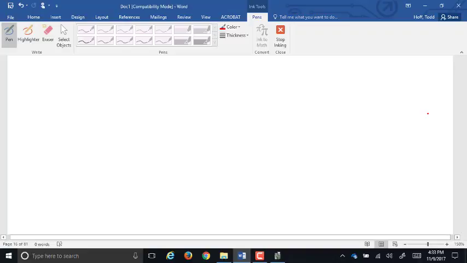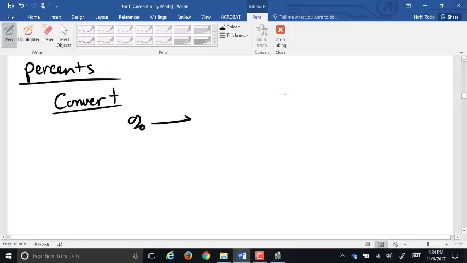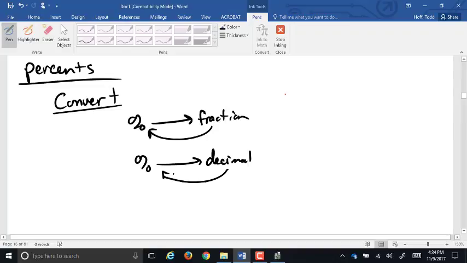So anyway, let's take some time now to review for our test. First thing I want to do is list the concepts that we have to know. We need to know percents. Of course, in percents, you're going to have to convert from a percent to a fraction, from a fraction to a percent to a decimal back to a percent.